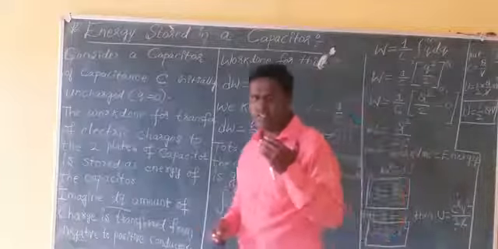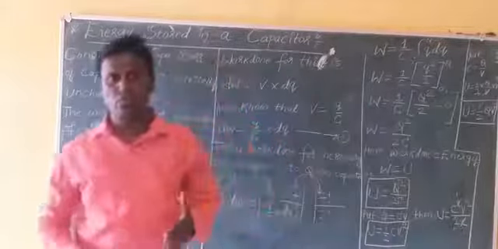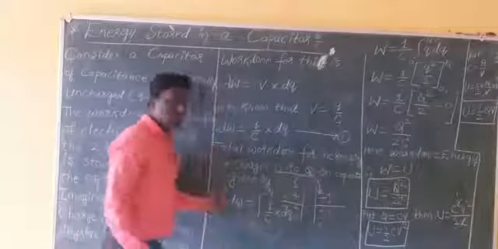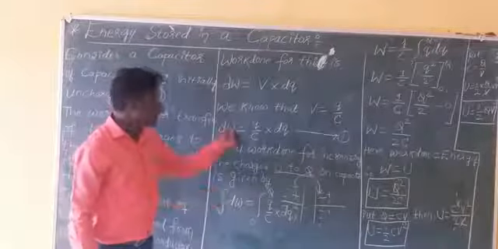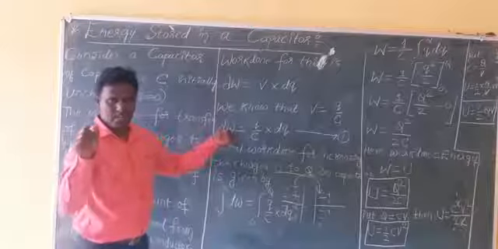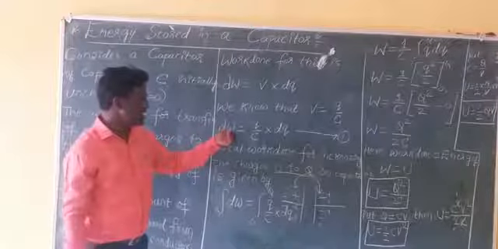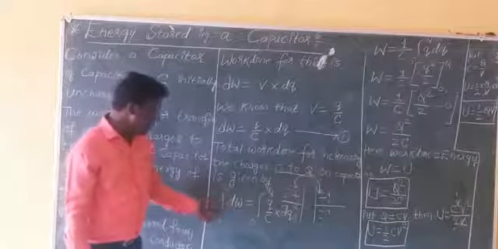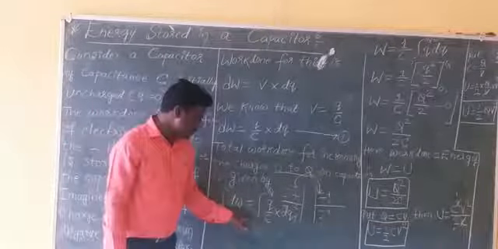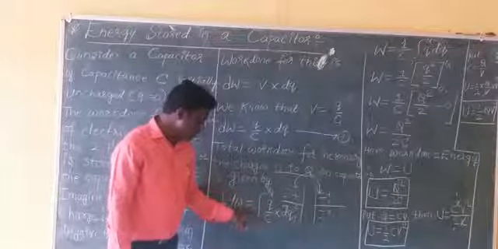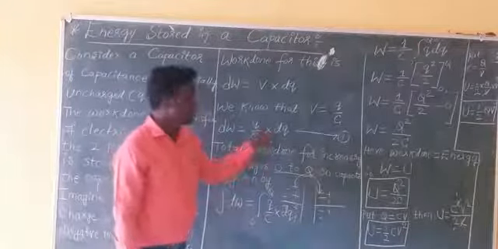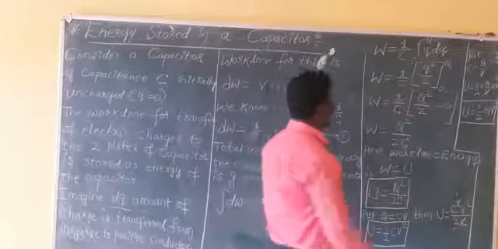To increase the charge to the highest value, from 0 to Q, we must integrate equation number 1 within the limits 0 to Q. Integration of dW equals integration from 0 to Q of Q by C into dq. So 1 by C is taken outside.